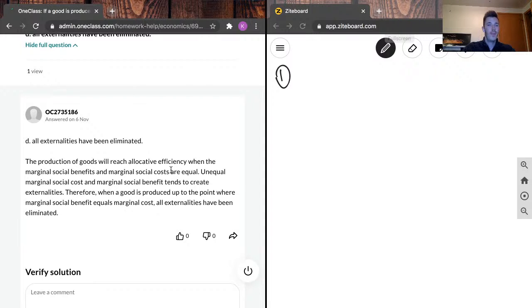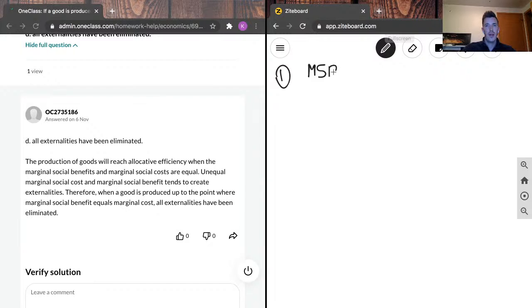This is correct. The production of goods will reach allocative efficiency when the marginal social benefits and marginal social costs are equal. Unequal marginal social cost and marginal social benefit tend to create externalities. Therefore, when a good is produced up to the point where marginal social benefit equals marginal cost, all externalities have been eliminated. So there's three scenarios here.